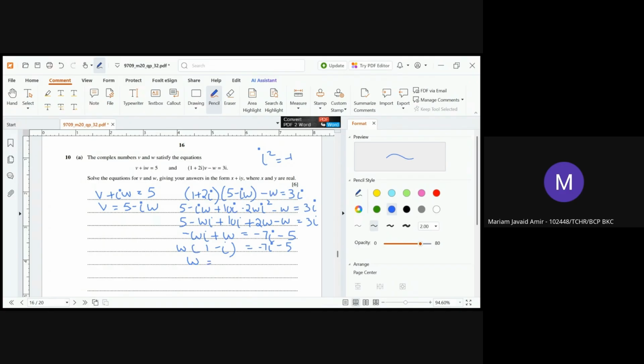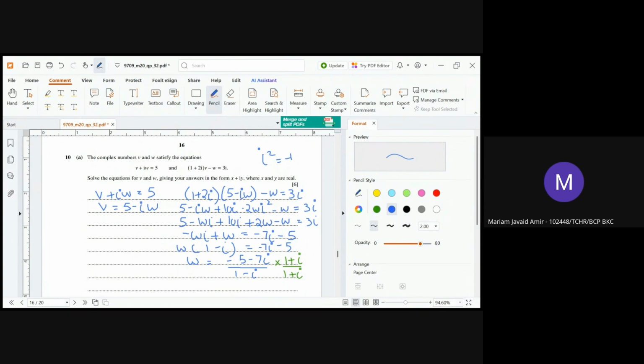Cross multiply, w equals (minus 5 minus 7 iota) upon (1 minus iota). Now we rationalize. So we'll multiply and divide with the complex conjugate of the denominator, which is 1 plus iota.